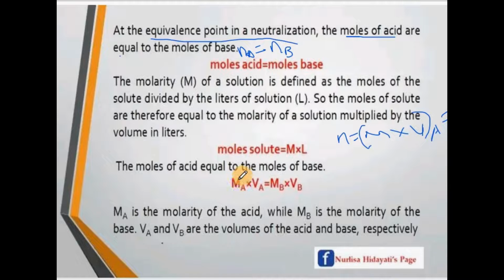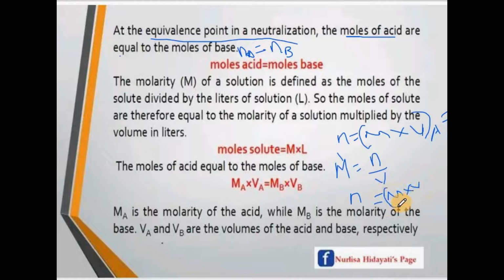The molarity of the acid times the volume of the acid, equal to the moles of the base, which is the molarity of the base times the volume of the base. Normally, the molarity, which is molar concentration, is given by what? The number of moles over volume. So from this expression, the number of moles is equal to the molarity times the volume.